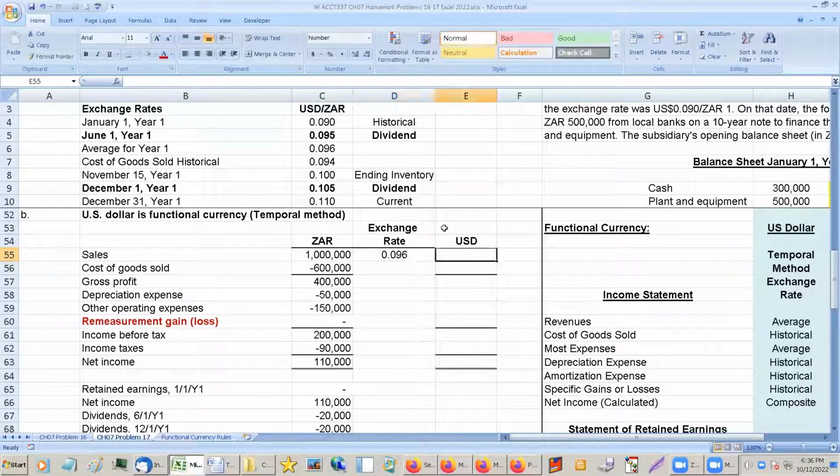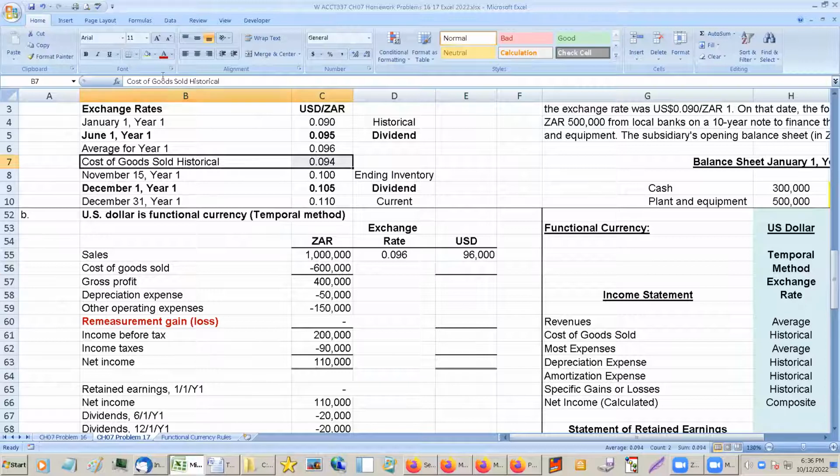So that's exactly the same as the other one. Okay. Cost of goods sold is here.